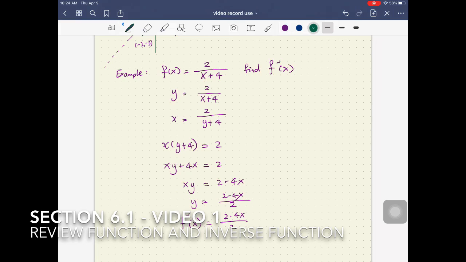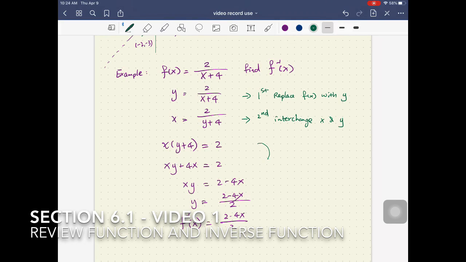If I want to summarize it, step 1 is to replace f of x with y. Step 2 is to interchange x and y.